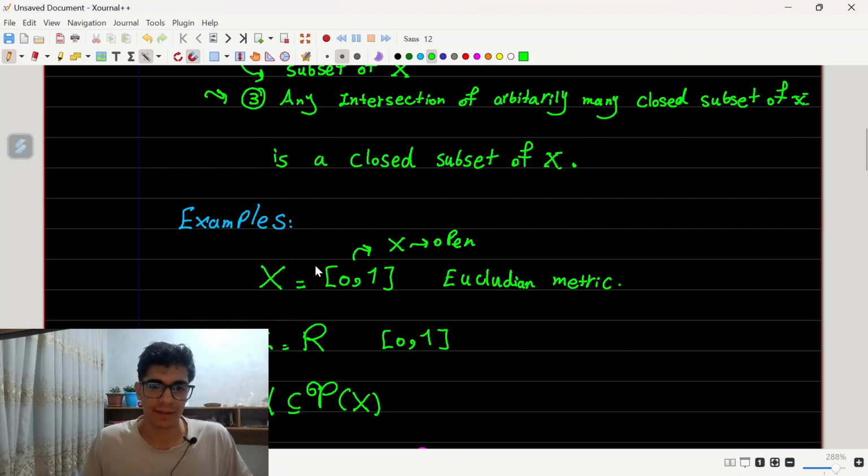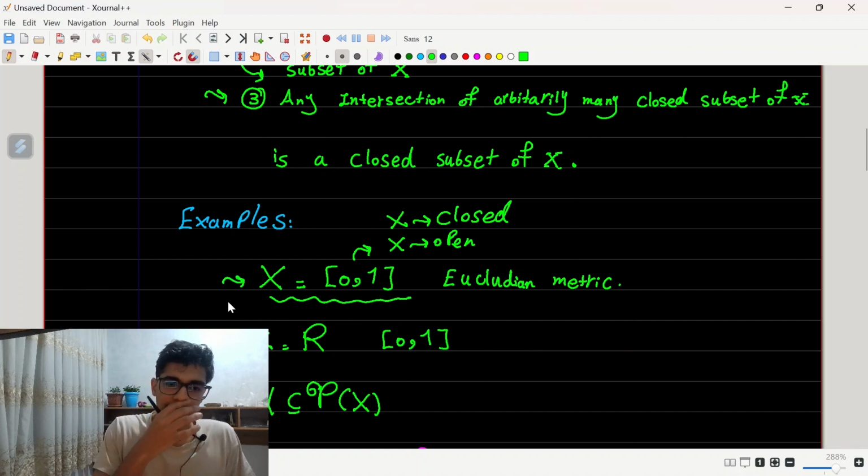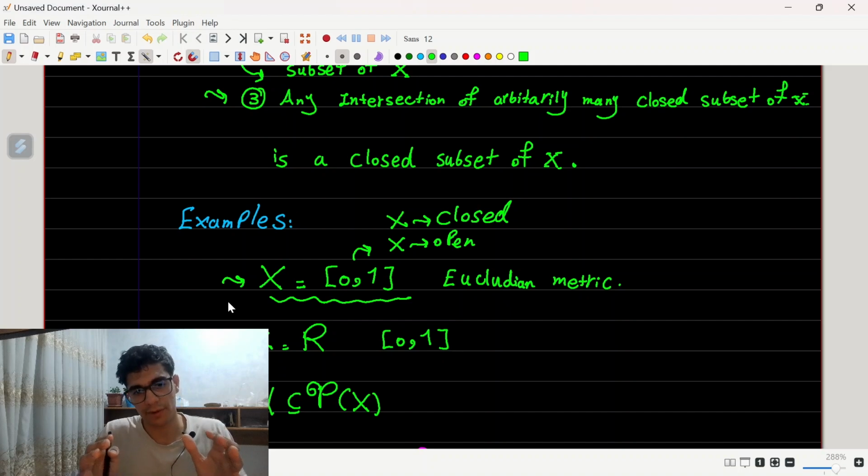Because this is a topology and X needs to be in our topology, so it's open. And X is also closed. But if you're thinking about this only in terms of math analysis, you may think that this is a closed set, but you have to pay attention that this is all of our space. It's not a subset of our space, it's the whole space.